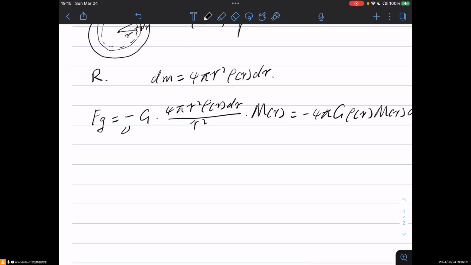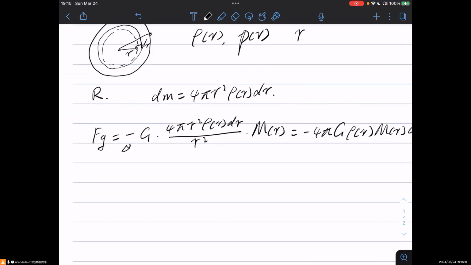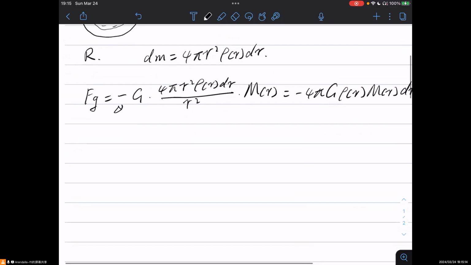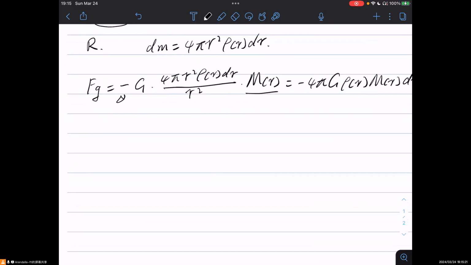Well, let's explain this minus sign. This minus sign means the gravitational force points inward to the center of the star. And this function m(r) is just the total mass interior to the radius r, which satisfies this important equation: dm(r)/dr equals 4 pi r squared rho(r), which can be easily verified.